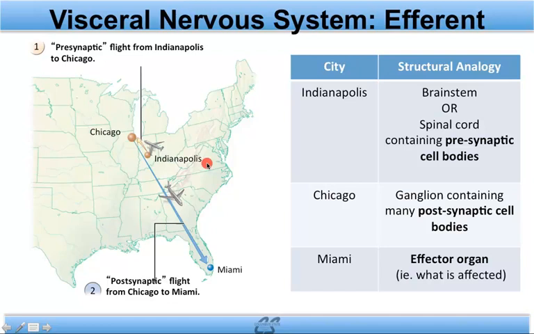And so the benefit of this two neuron system is that one presynaptic, or maybe very few presynaptics can activate many, many, many postsynaptics to get the job done efficiently. So maybe the heart is Miami. Maybe if we had a separate flight, as typically happens, maybe if we had a second flight to Texas, maybe that could be the intestine.